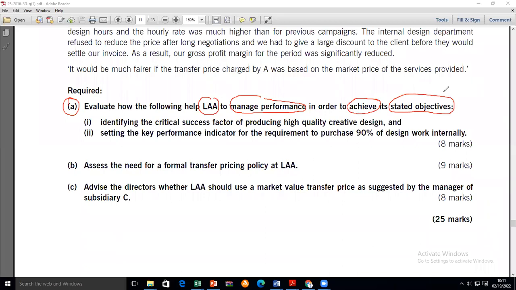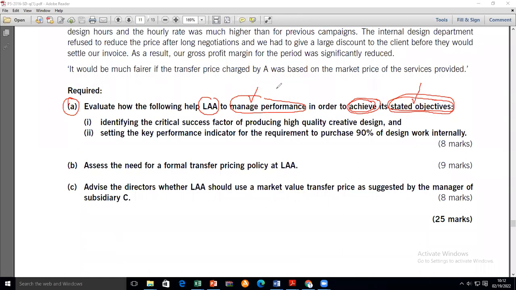Now that is a statement of fact. We've just discussed that managing performance is about achieving your objectives. We have just discussed that APM is there to help us support organizations in achievement of objectives.